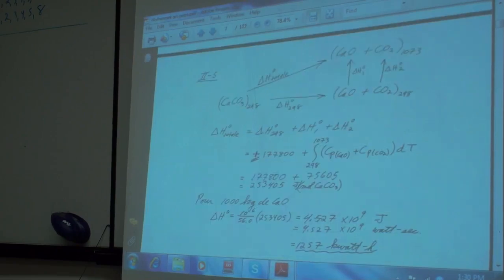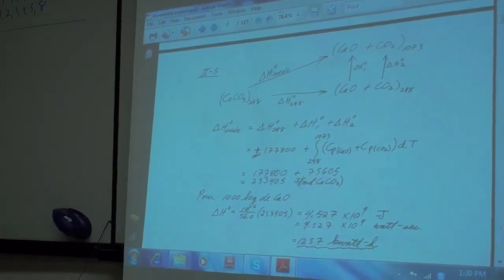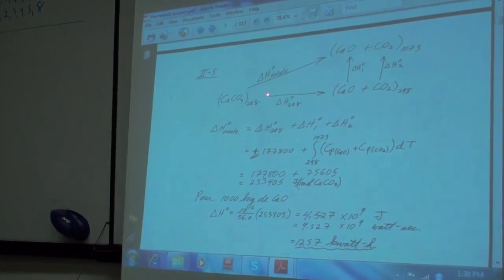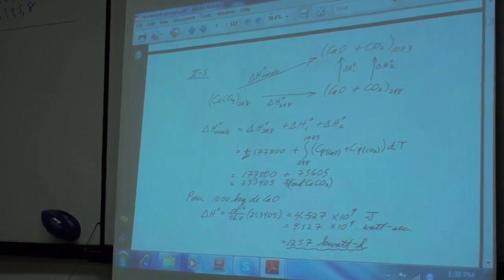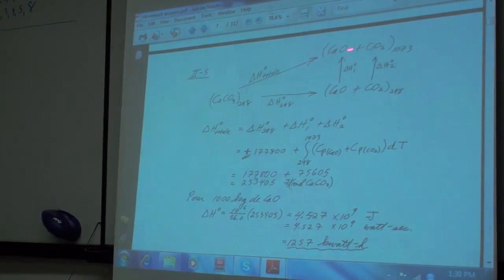Okay, so the way I like to do this is as follows. Your initial state is calcium carbonate at 298, and your final state is CaO and CO2 at 1073. Okay, lime and CO2. The total heat is 0.